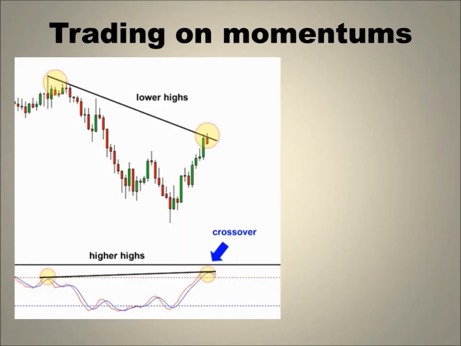Okay, so let's talk about trading on momentums. Here we have a chart. The highs are getting lower, and the highs are getting higher. Now, notice something. This oscillator is telling us that the market is overbought, and we have a crossover.